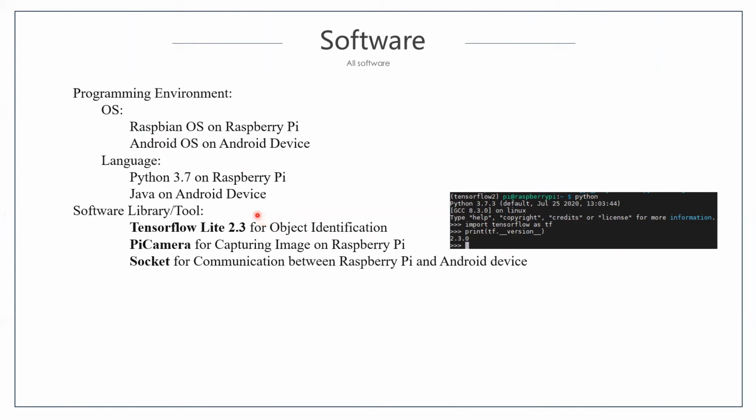For the software library, I use TensorFlow Lite 2.3 for the object identification on the Raspberry Pi, and Pi camera for capturing an image on the Raspberry Pi. And I use the socket for the communication between the Raspberry Pi and the Android device.